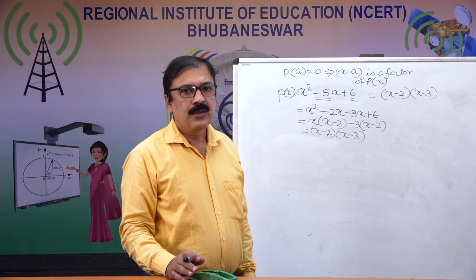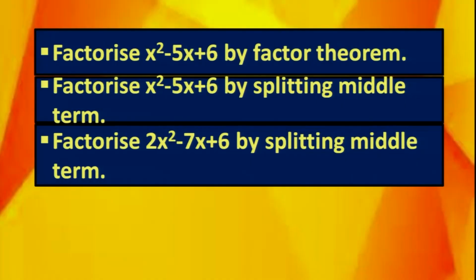Now, see, we have to solve another problem, that is factorize 2x square minus 7x plus 6 by splitting the middle term. 2x square minus 7x plus 6.